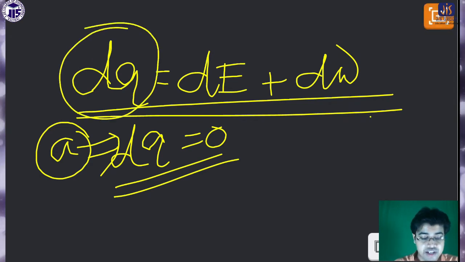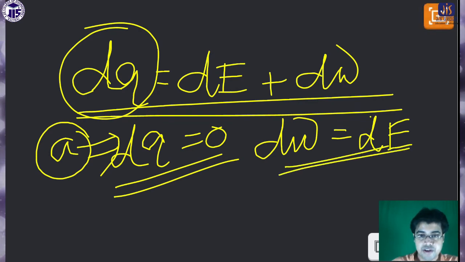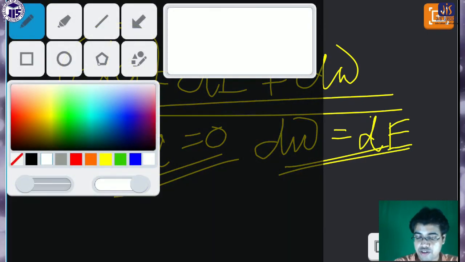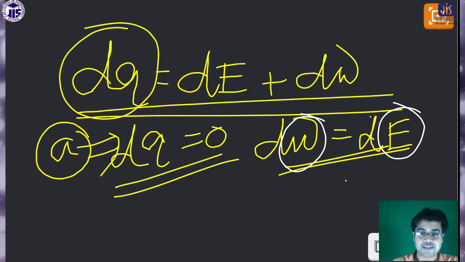So we can write that dW equals dE, isn't it? So when dW equals dE, if you look carefully at this equation, W and E are the two functions there.